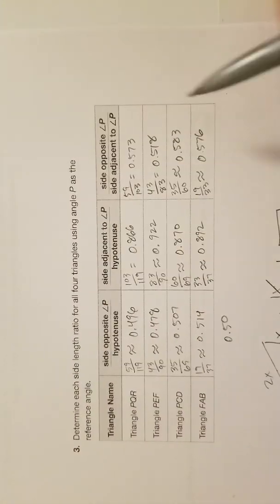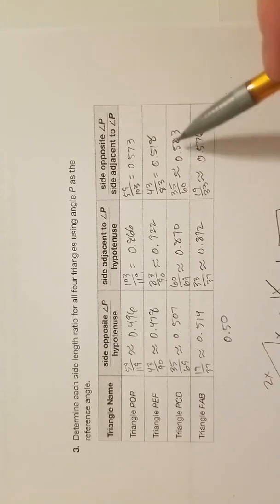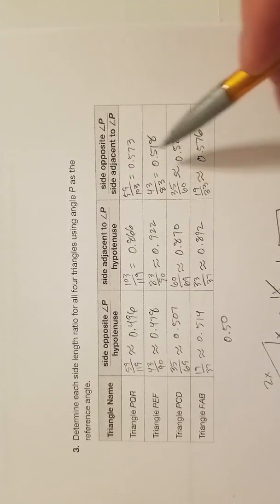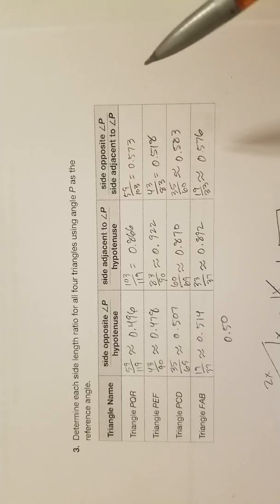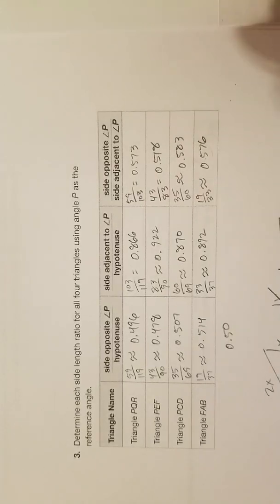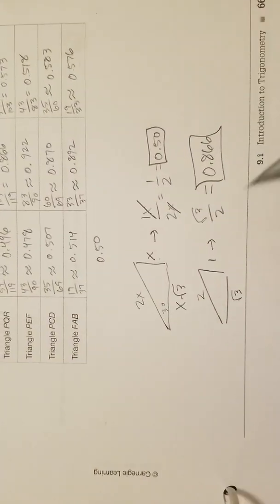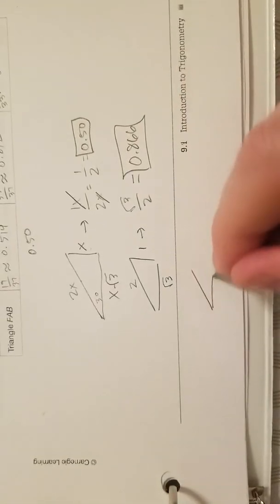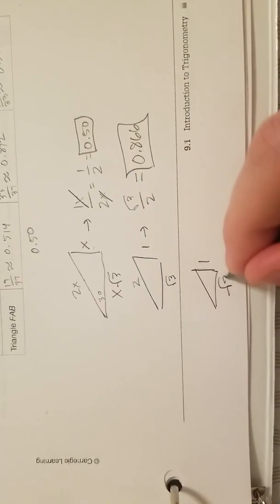So I'm noticing that all of these are 0.5 something. It looks like it's hovering around the middle, like 0.57-ish, somewhere around there. And if I look at my 30-60-90 right triangle, if I have the side opposite divided by the side adjacent, that's going to look something like this. Here's my 1, here's my rad 3.